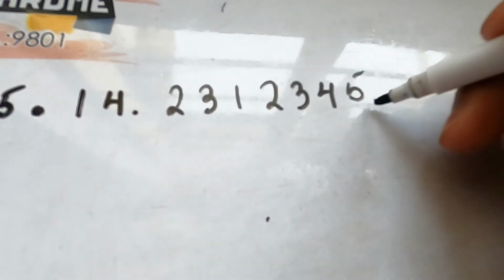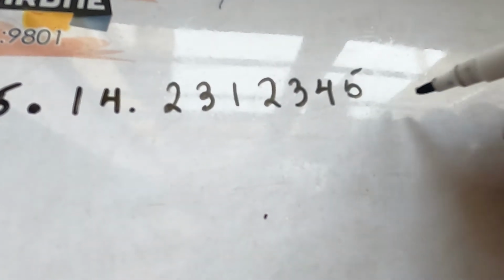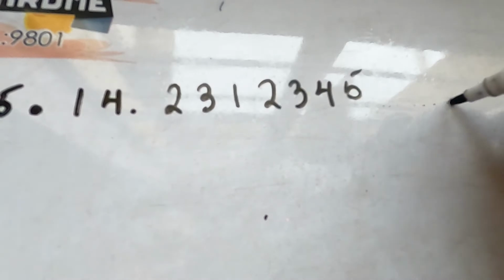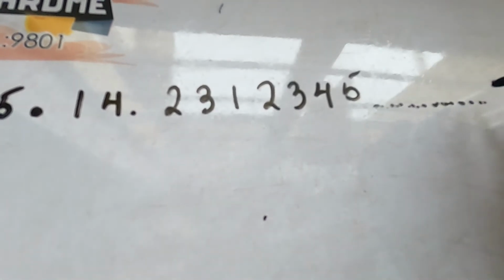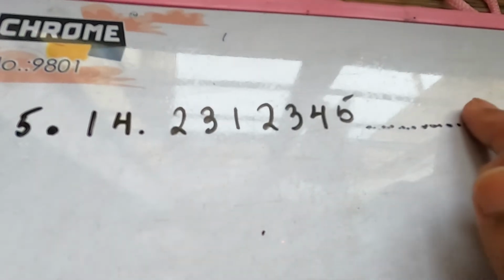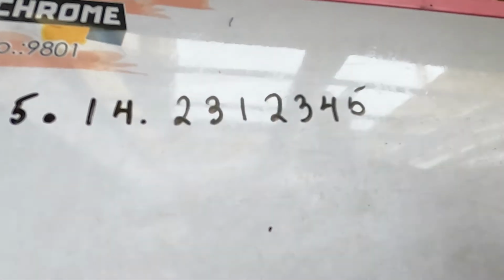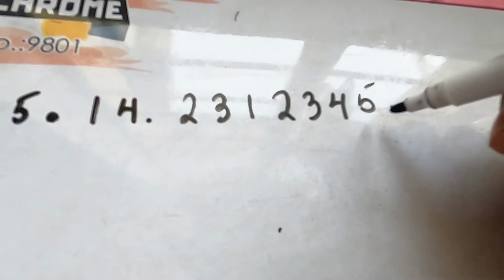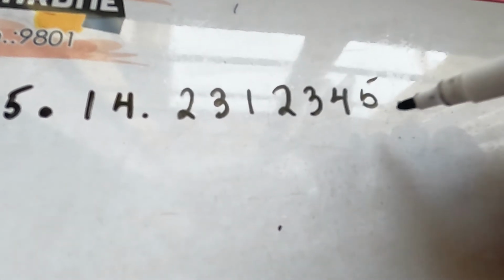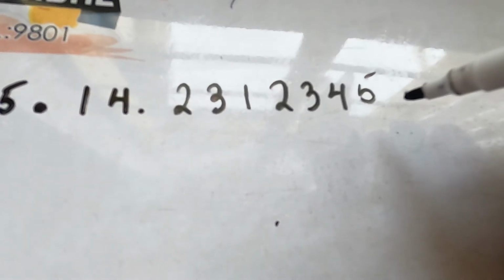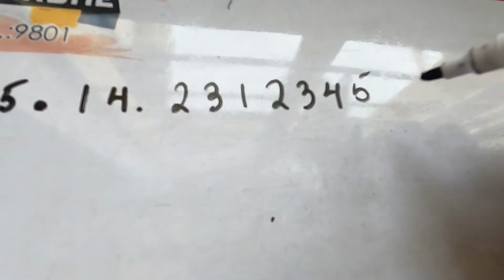If there is no dot like this showing a repeating decimal, it simply means that it is a terminating decimal number and it is of the form 2 to the power m into 5 to the power n.